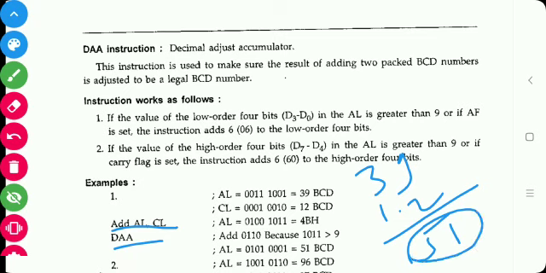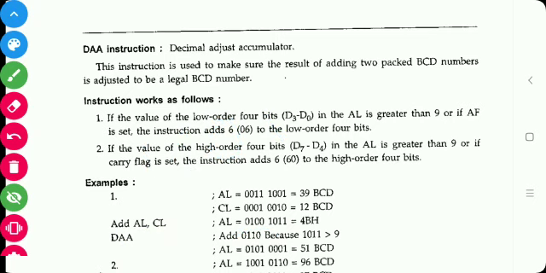But here after addition the result is 0100 1011. This 1011 is greater than 9, and 9 is 1001. So this 1011 is greater than 9, so we have to add 6, that is 0110, to the 1011.